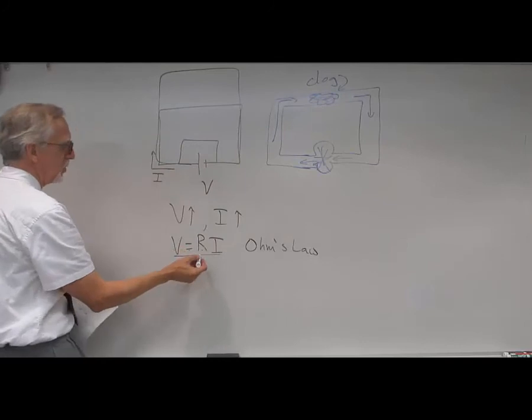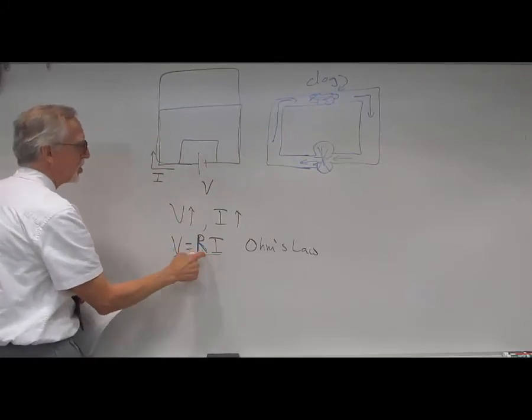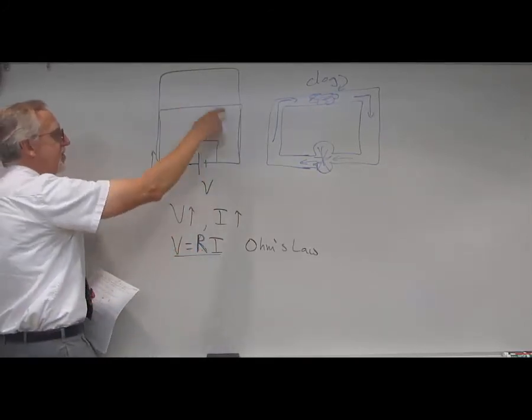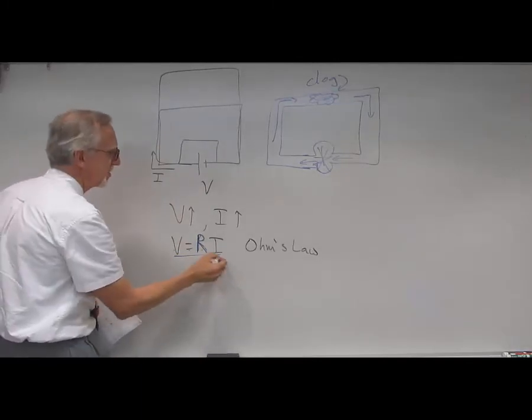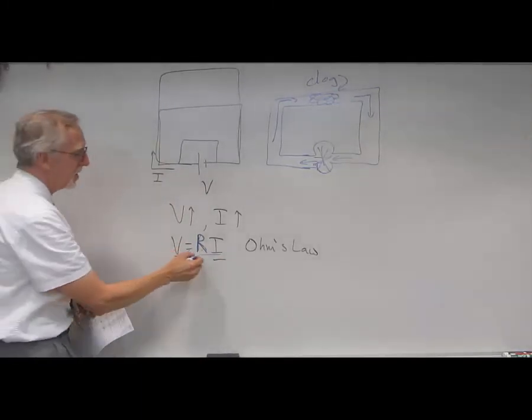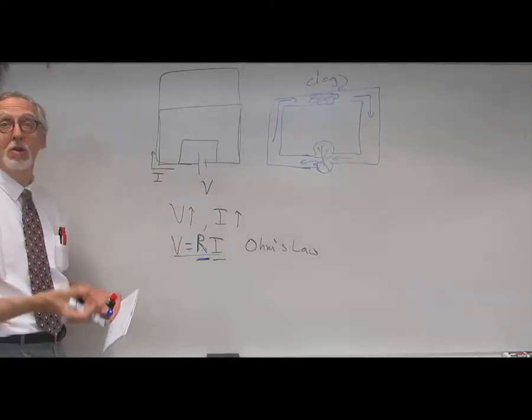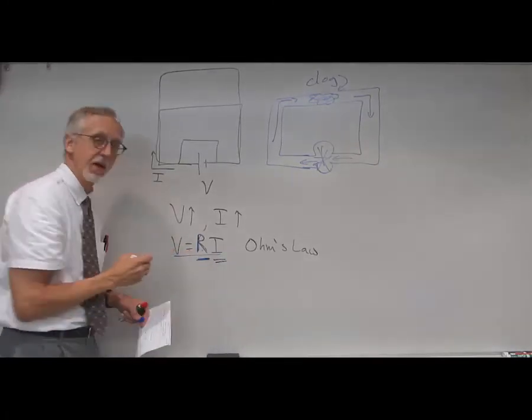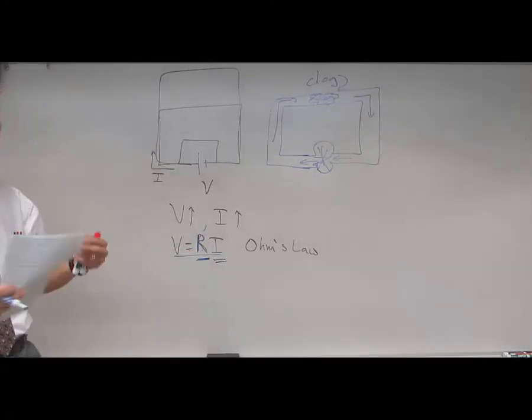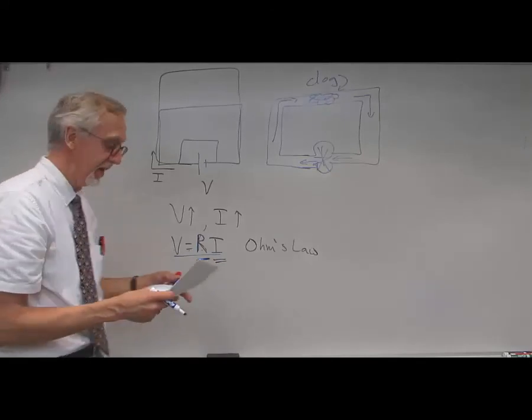Well, that's exactly what's going on here. The larger R, the more resistive our circuit, the less current we're going to get. The less resistive the circuit, the smaller R, the more current that we'll get. So it kind of makes sense. It makes qualitative sense.